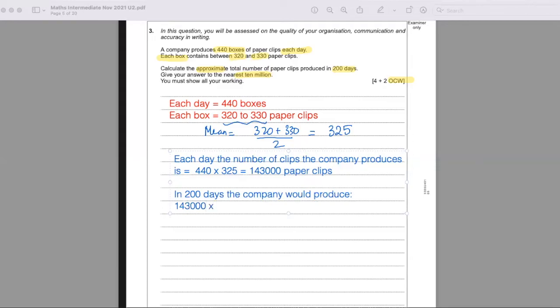You might have a different answer. So, for example, if you use 320 or 321, you times that by 200 days, and that would give you 28,600,000 paper clips. Okay, they're asking you to round that to the nearest 10 million.